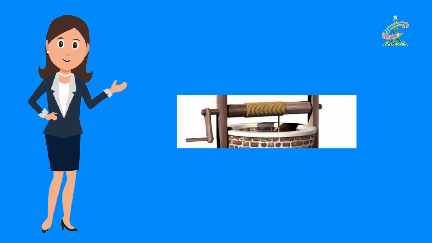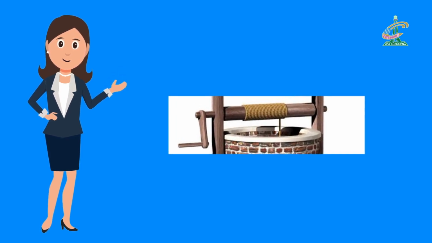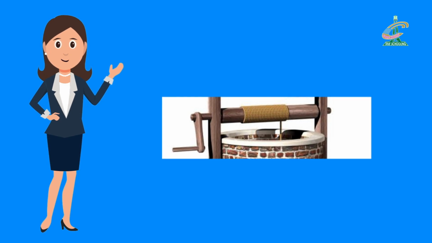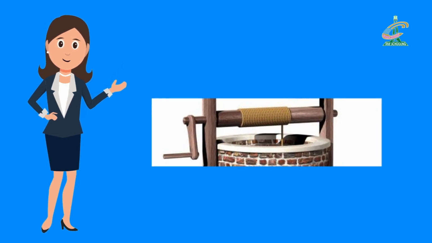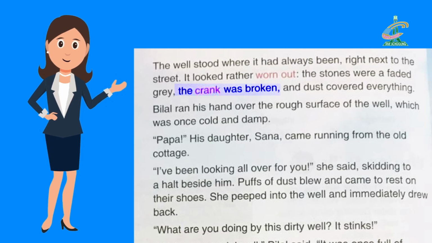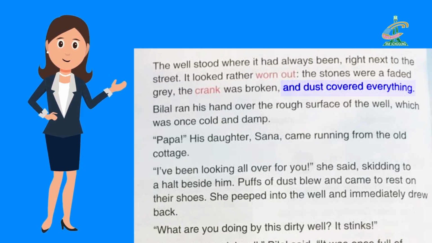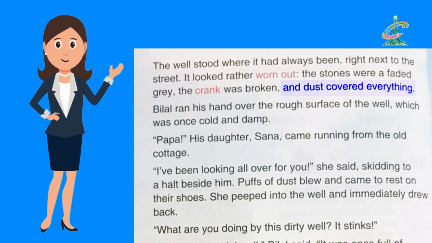Understanding? When the handle of the crank is moved in circular motion, when it is rotated, water is pulled out of the well. So the crank was broken and dust covered everything. There was dust everywhere on the well.